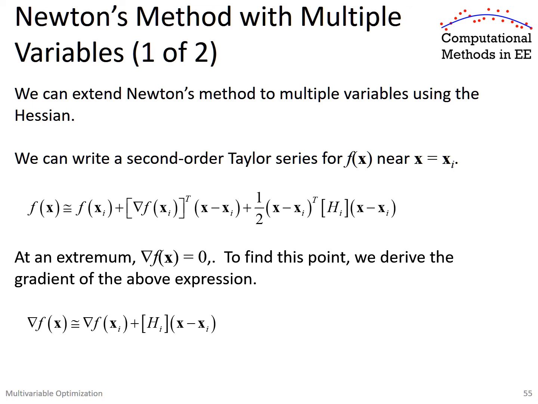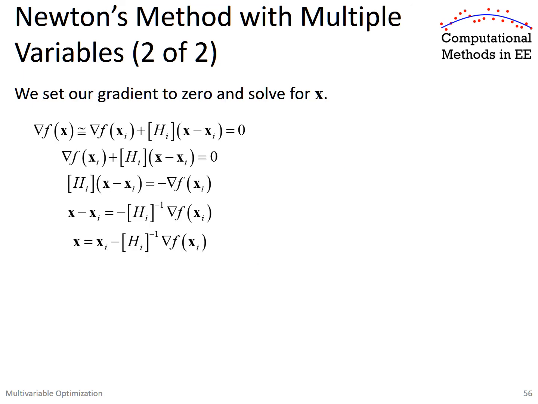Now at an extrema, the gradient goes to 0. So we can take this equation for f, which is the second order Taylor series, and calculate the gradient of it. And it simplifies down to this. So guess what we'll do? We'll set that equal to 0. So that's what happens. We set this gradient equal to 0, and then we solve for x in terms of xi.